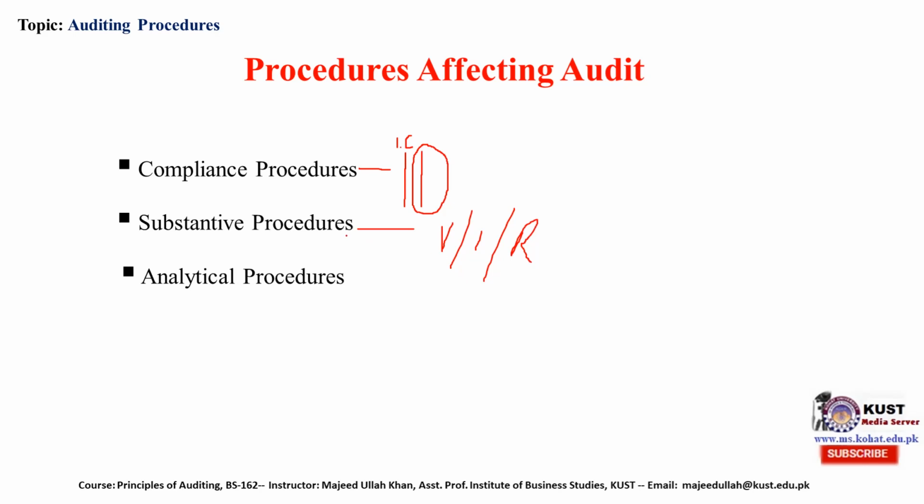Then the second is analytical procedure, analysis of significant ratios and trends, indicating the need for investigation of unusual fluctuations in time. For example, this is the sale of 12 months. It's normally the same, but in April the sale has risen, or it is abnormal.